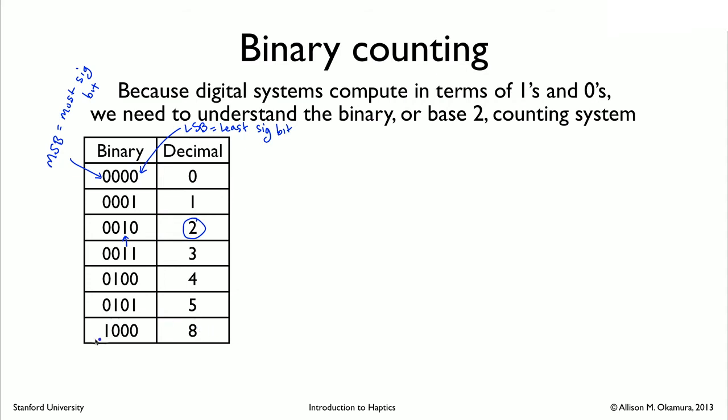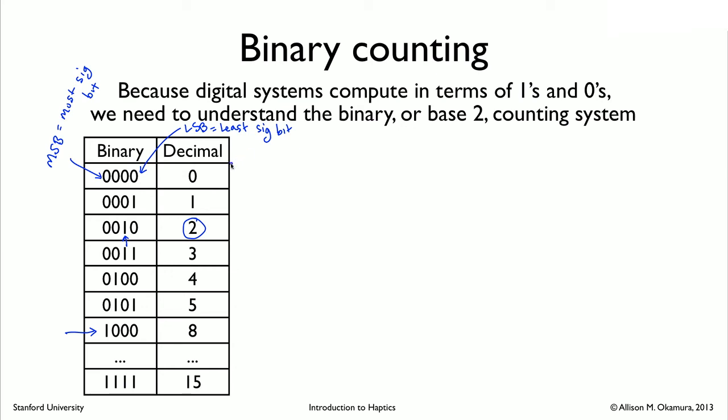Now, if you have a 4-bit system, that is, it can keep track of ones and zeros in 4 slots, you might want to think about what is the largest decimal number that could be recorded. And in this case, let's say we kept counting upwards, we could get all the way to 1111, and that would actually be 15.